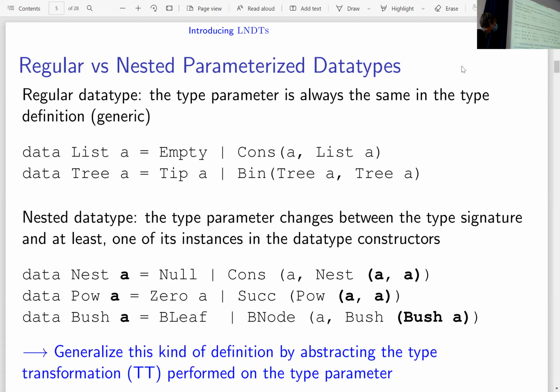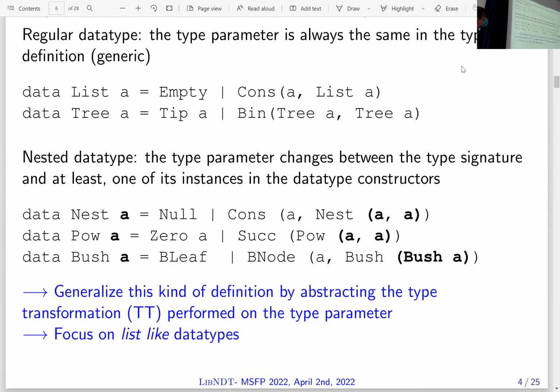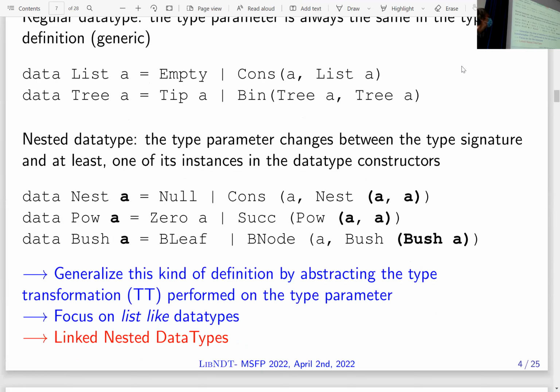So we will generalize this kind of definition by abstracting the type transformation performed on the type parameter, and we will focus on list-like data types whose elements can be viewed as a structure having a head and a tail, and it defines completely our family.